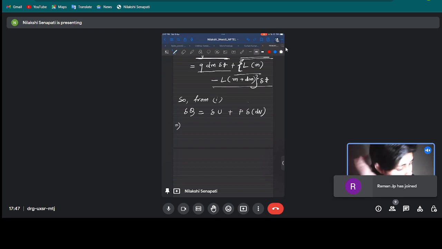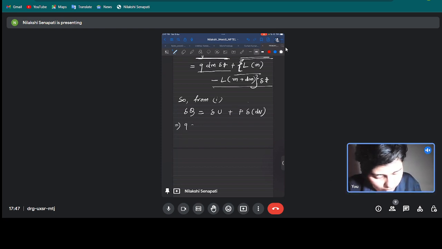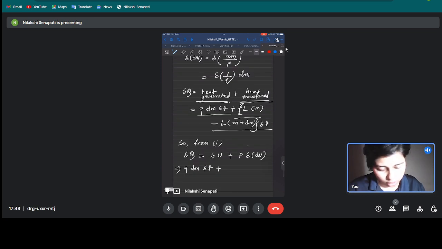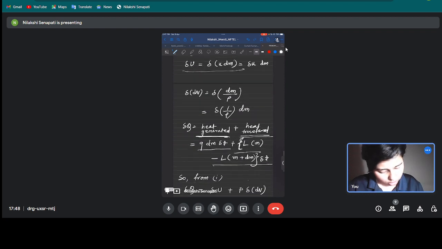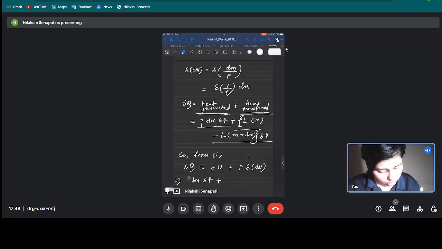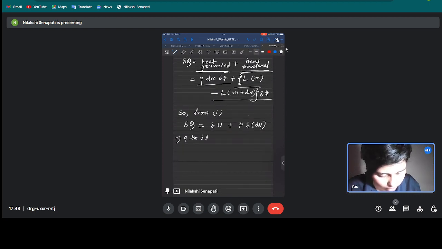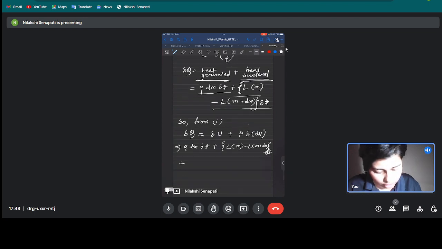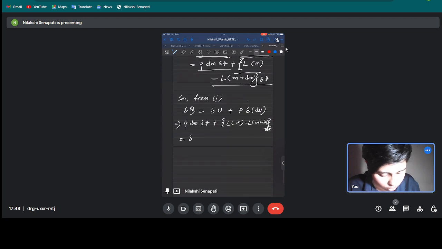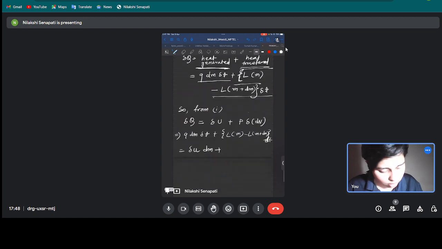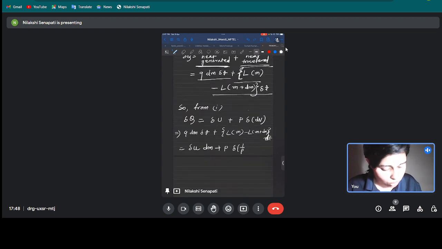Let me write all those things first. First is delta q, that is q dm delta t plus lm minus lm plus dm delta t, equal to du, that is delta u dm, plus p dv, that is p delta of 1 by rho dm.